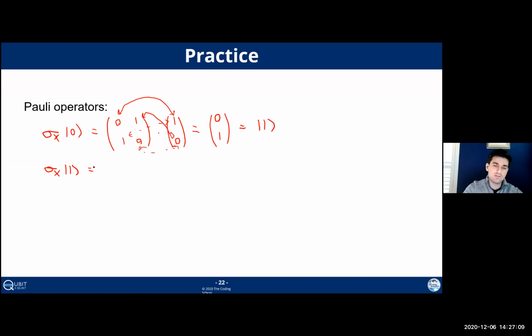Okay, so again, we know what the matrix representation for sigma X, or the Pauli X, looks like. It's 0, 1, 1, 0. And now I'm multiplying it by a column vector that has 0 as the first entry and a 1 as the second entry.